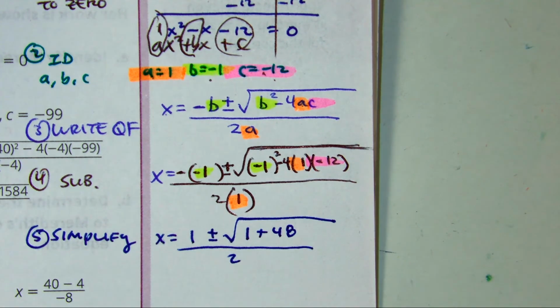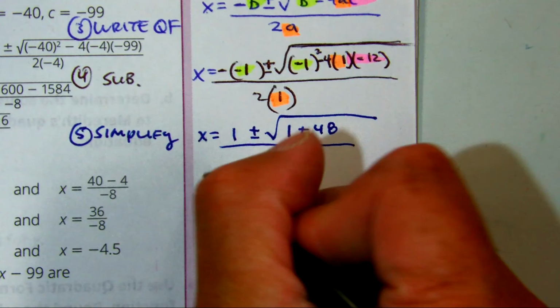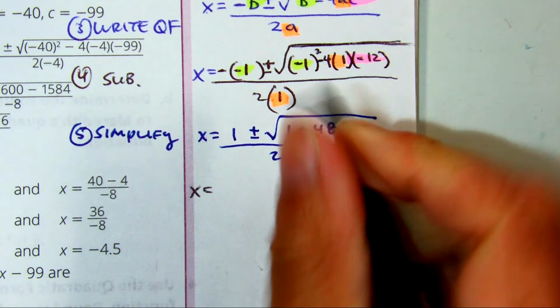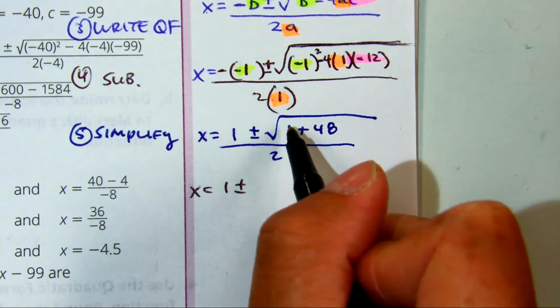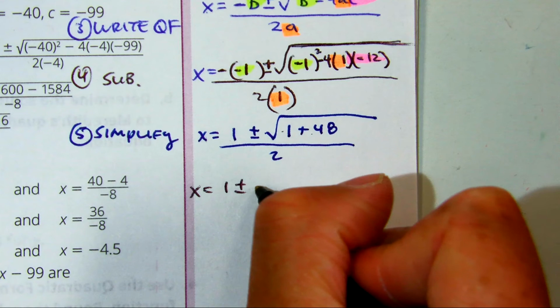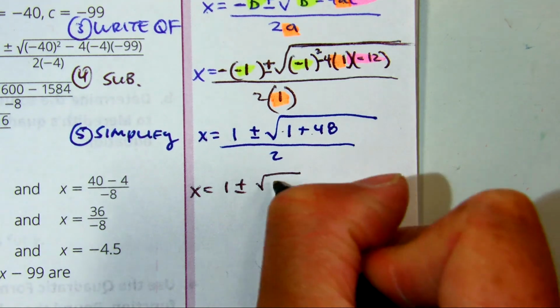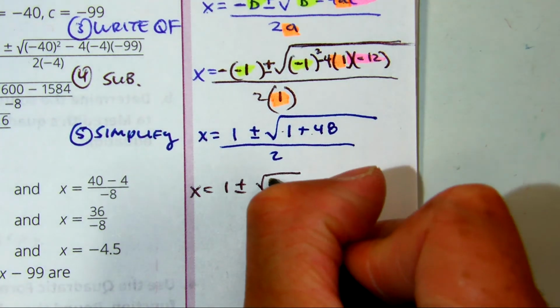Let's keep simplifying here. We're on a roll. One plus or minus. Class, what's 1 plus 49? What did I say? 1 plus 48? 49.